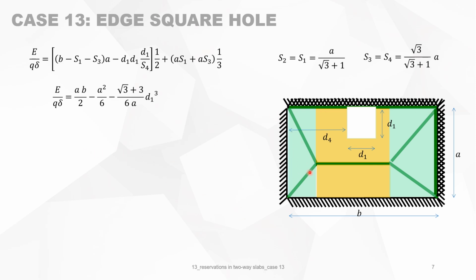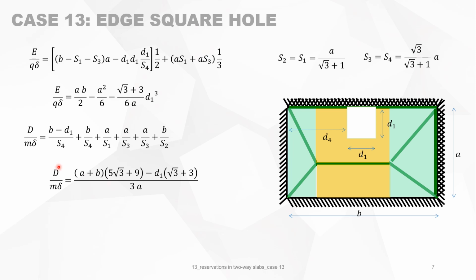The other side, it's A divided by S1, A divided by S3, and also here A divided by S3, and last is B divided by B. We fill in the different parameters, and we know that E must be equal to B. We obtain M from that, and this is the formula for M.